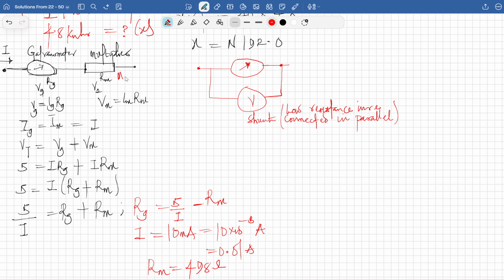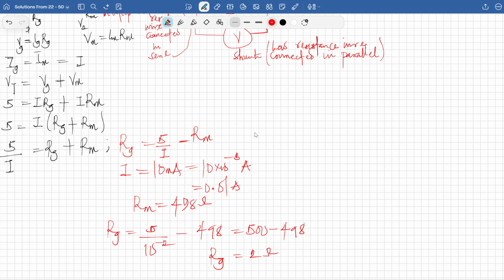But as for a multiplier, we're going to say it is a high resistance wire connected in series. So you need to take note of that, please. So for shunt, this is the diagram for that. When we eventually see a question along this way, we're going to treat it like that.